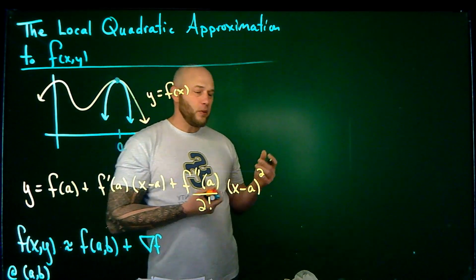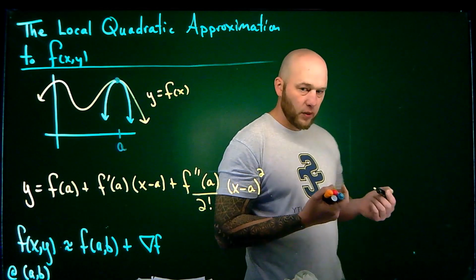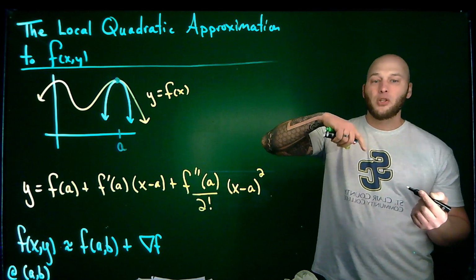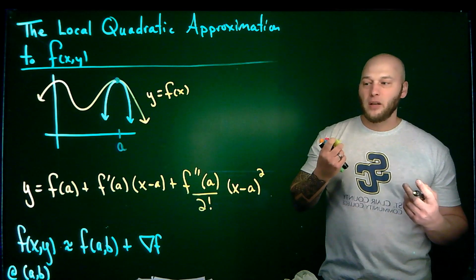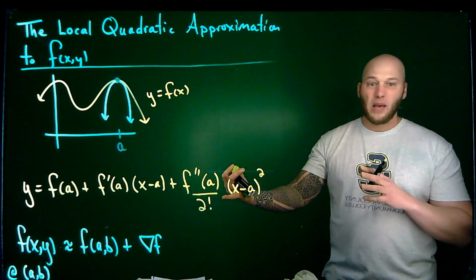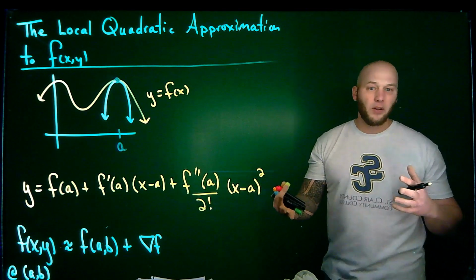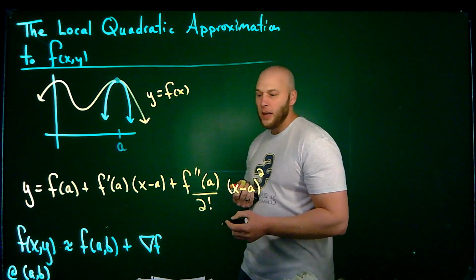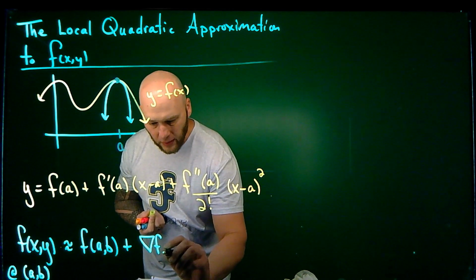Remember, the gradient of the function is the vector that has all of the partial derivatives. And when I talked about the total derivative, it's basically a matrix that has all possible partial derivatives. So the gradient plays the role of the total derivative, and it's going to be the gradient evaluated at that point.